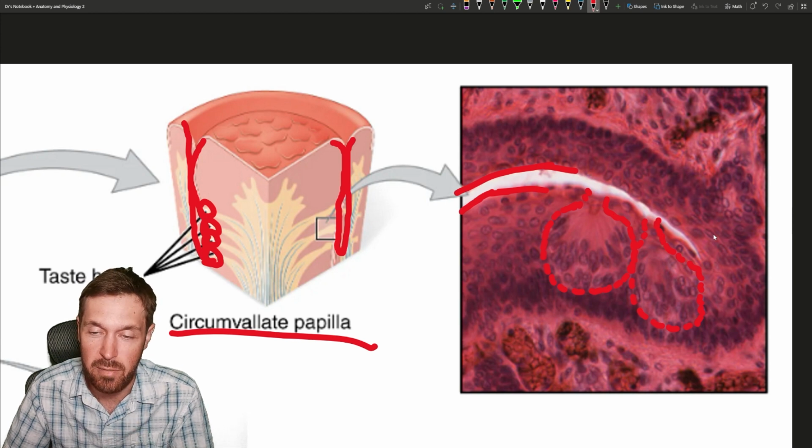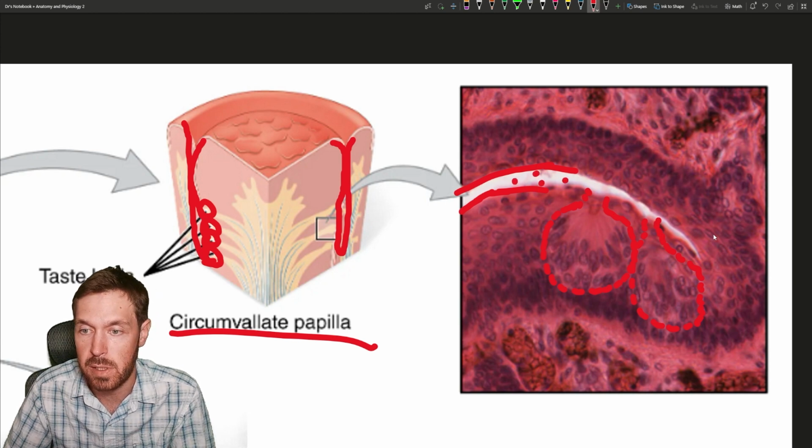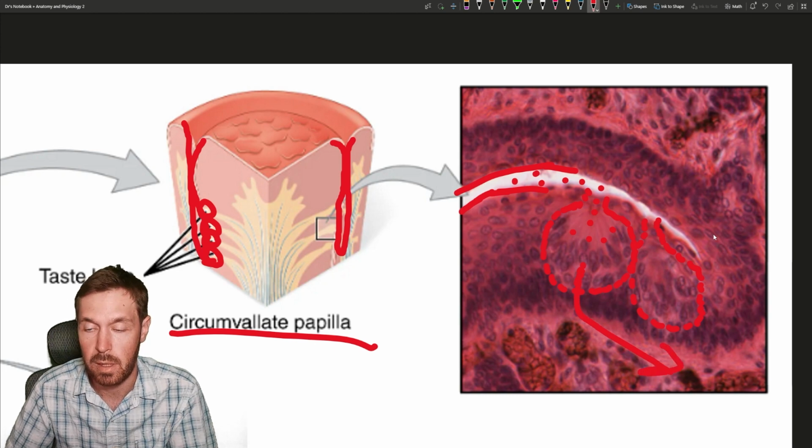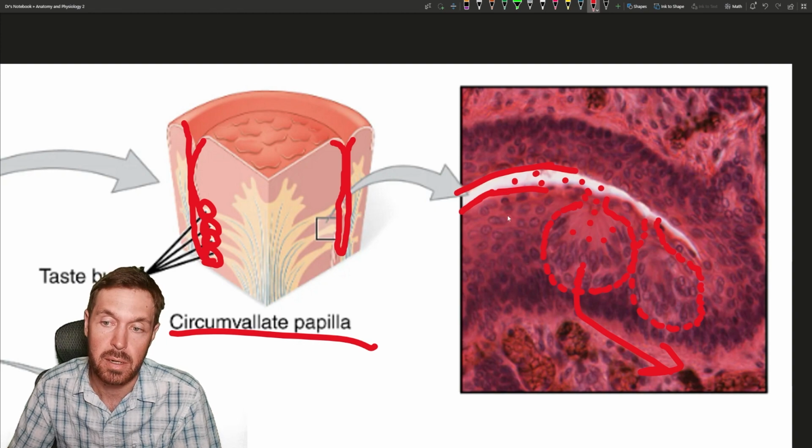Whatever you're tasting comes in, say it's salty and it's a salty ion, comes in and there's the taste pore, and then it binds to gustatory cells in here that then activate neurons down here and would send the signal out. So that's what the taste buds are.